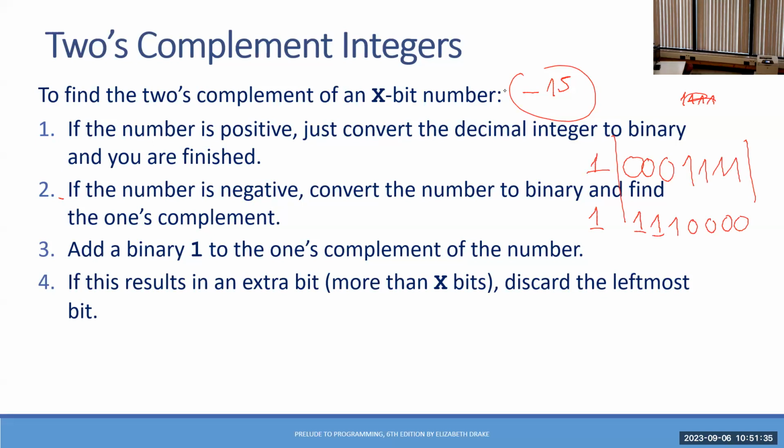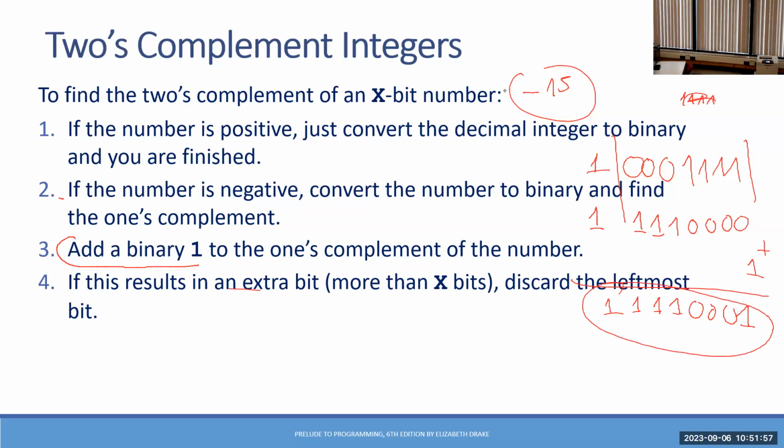Now the next step here, you have to add the number 1 to the one complement here. So how do you add number 1 here? You have 0, you have 1, you have 1, and have 0, 0, 0, 1, 1, 1. This one has no extra bits. That's why I keep it the same.